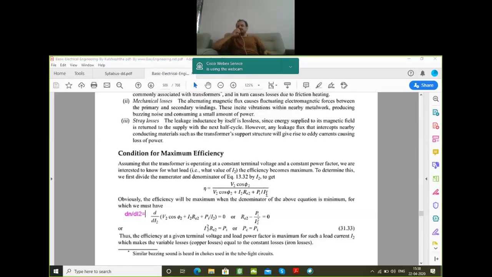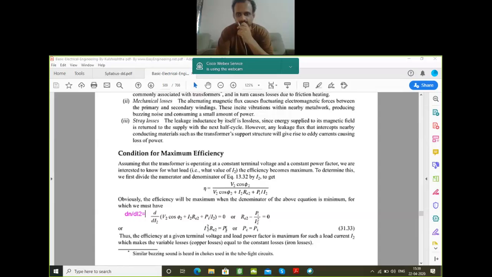For efficiency to be maximum, the numerator is not affecting, but the derivative of the denominator should be 0. V2 I2 cos phi 2 differentiates to a constant term, because V2 and cos phi 2 are fixed. Differentiating I2 Re2, I get Re2, and Pi by I2 differentiated leads to minus Pi by I2 square, which is 0. So I2 square Re2 equals Pi.